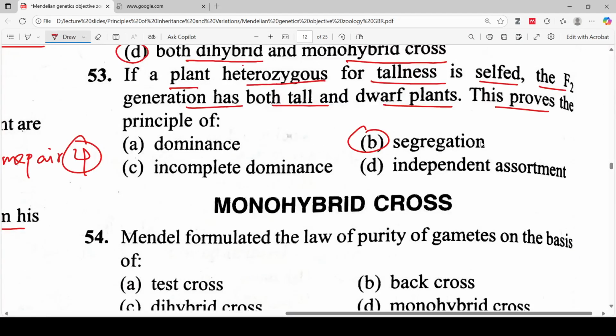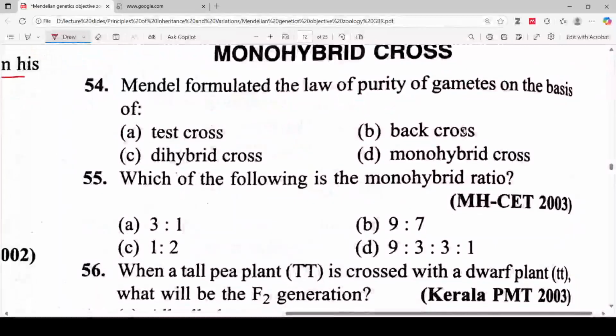So the correct answer is option B. Next question. Mendel formulated the law of purity of gametes on the basis of test cross, dihybrid cross, back cross, or monohybrid cross. So the correct answer will be option D.